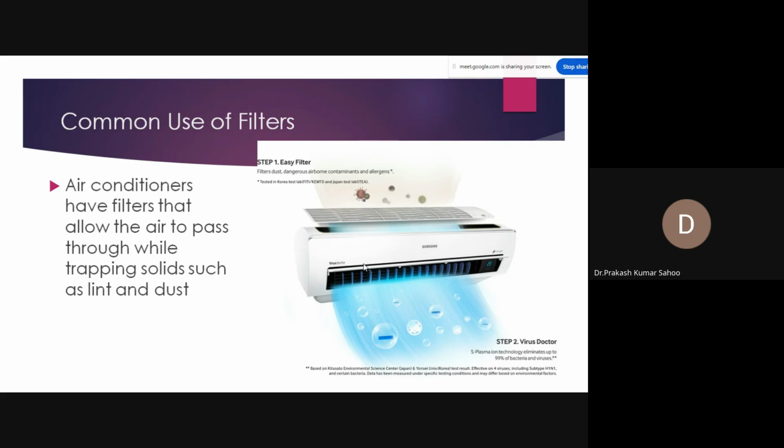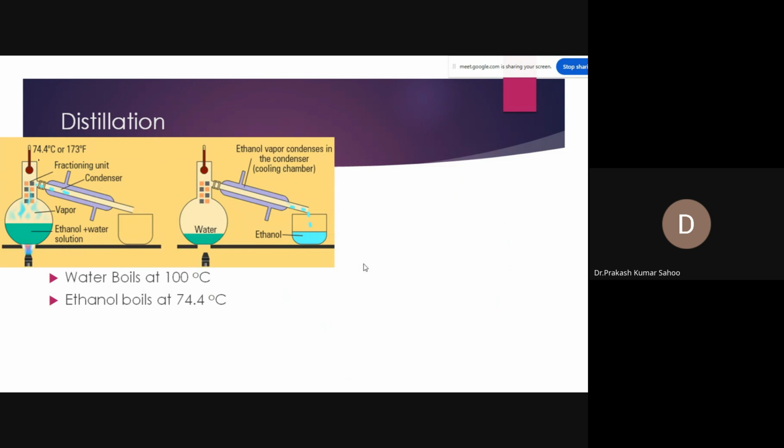In an AC also they use filters which restrict the polluting or impure particles from the atmosphere from going inside the air conditioner. So this is also a use of filter paper.